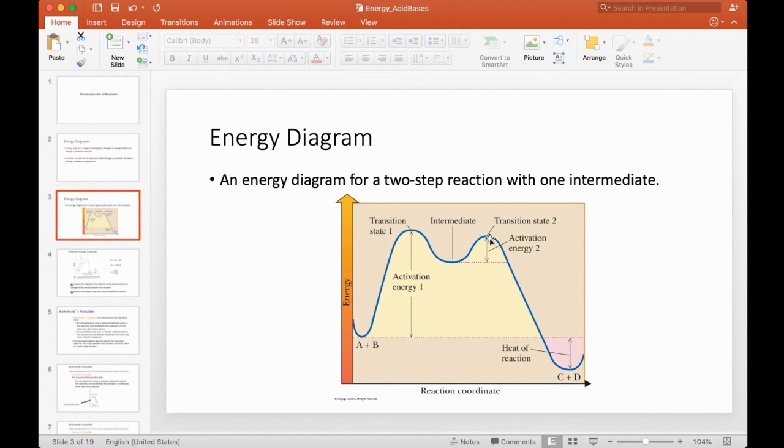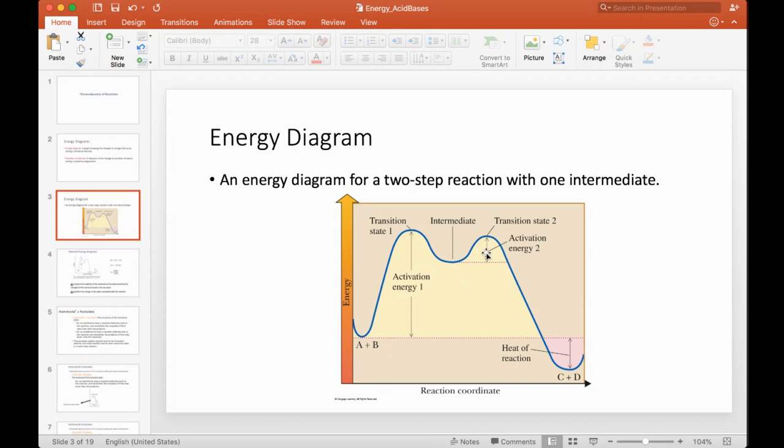Then this rearranges to something new, which, as you can see, has a lot less energy, which is C and D. For this second step, there is a second activation energy here.